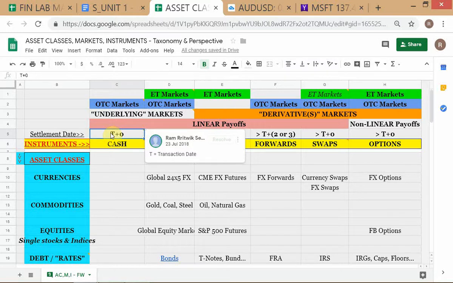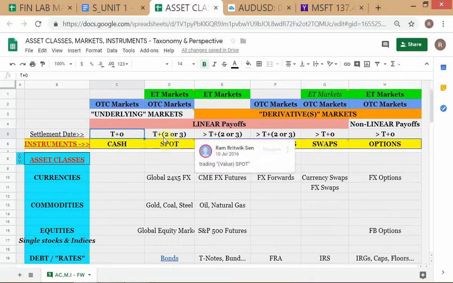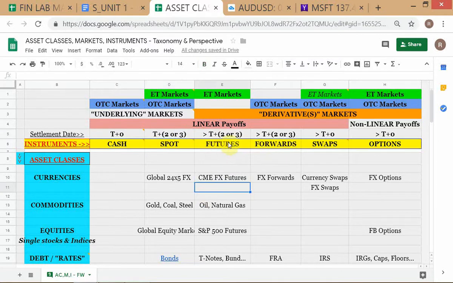One of the ways in which we are distinguishing between these instruments, there are other ways too, is that the typical settlement dates differ for each of these instruments. In spot, typically the settlement date is T+2, sometimes T+3. For forwards and futures, although I've given just greater than T+2 or 3, usually it is much greater than spot, especially for forwards, and also for futures.